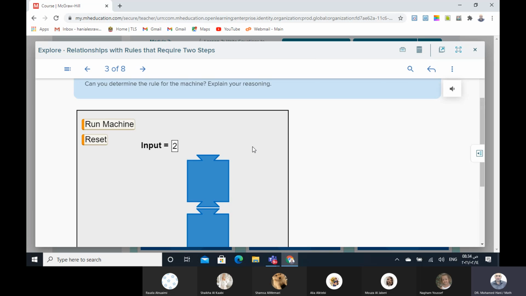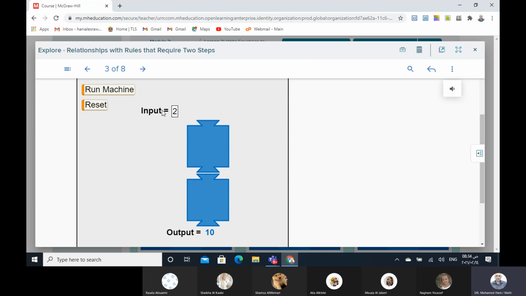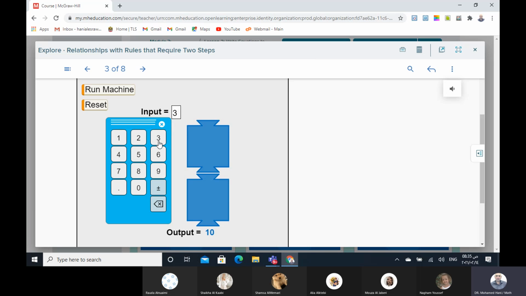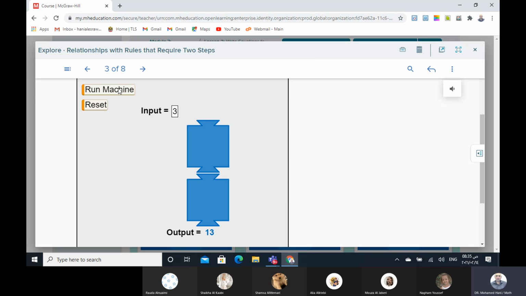But if you see in this machine, if I put the input here 2, the output will be what? Will be 10. But if I put here 3, the answer will be 13.